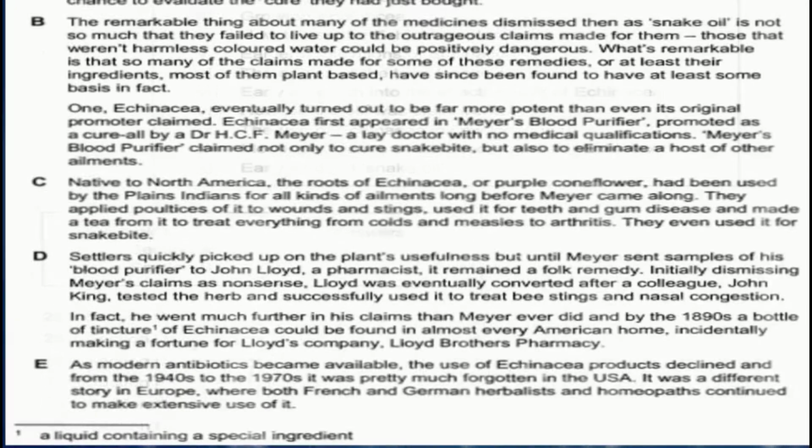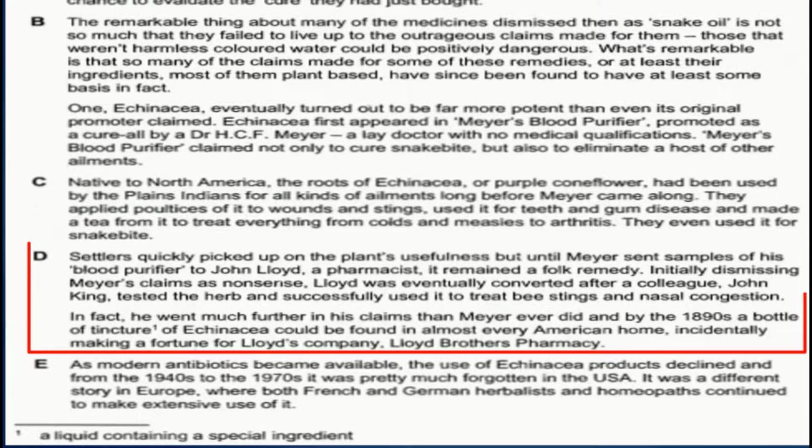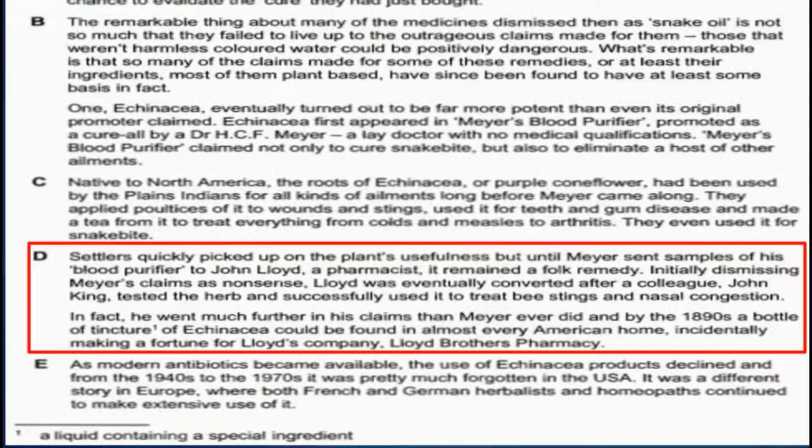If you check the next paragraph, which is the D, you realize that almost everything about this paragraph is about the research. It talks about how Meyer sent samples of blood purified to Leod, which he dismissed. Then Leod being converted later by John King, who tested the herb, and later Leod himself went further in his claims than Meyer.